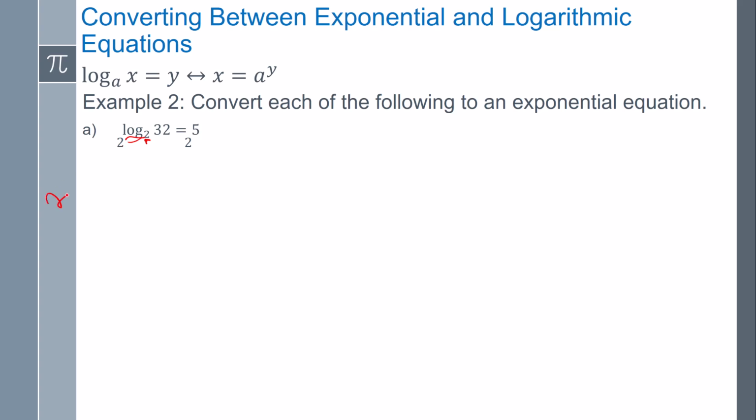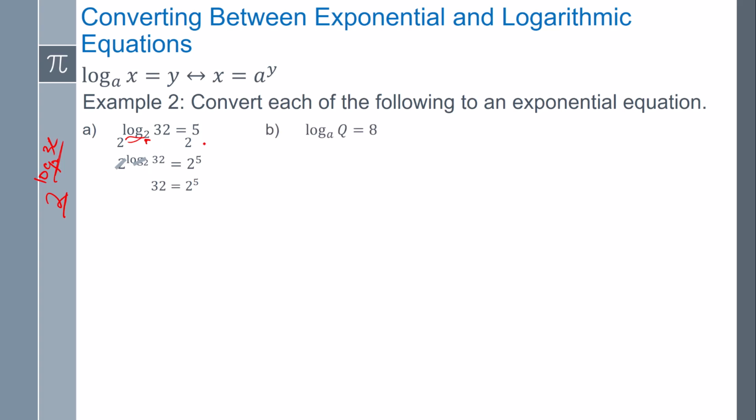This is 2 to the power of log base 2 of 32. This becomes the base, this becomes the exponent. I'm not multiplying by 2. You've got to be very careful with that. We're not multiplying by 2. We converted it into an exponent. And likewise, this becomes 2 to the 5th. Now that base 2 and the log base 2 cancel out, I get 32 equals 2 to the 5th.